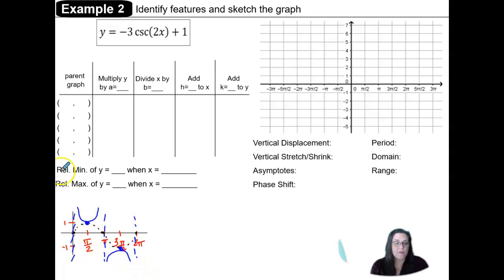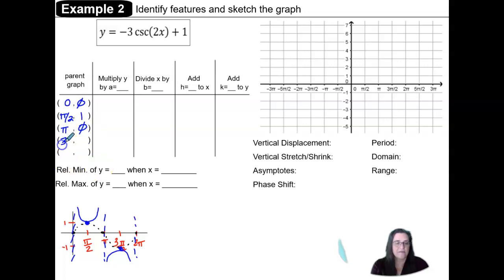So starting at the origin, where x is 0, the y at 0, because there's a vertical asymptote, is undefined. So we put a 0 with a slash through it for the empty set. Okay, then at pi over 2, I have a relative minimum of positive 1. At pi, there is another asymptote, so that's undefined.